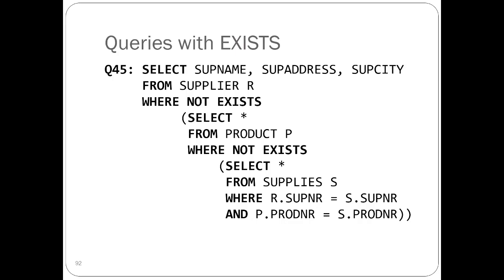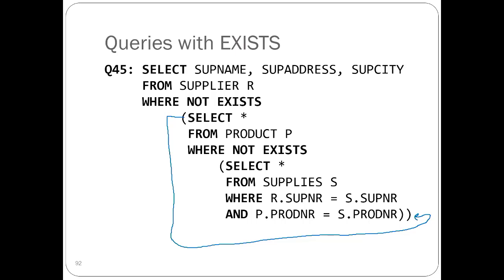Select supplier name, supplier address, supplier city from the supplier table. All these supplier attributes we have in the supplier table. Then we are using not exists, and in between the outer parentheses we have a query.